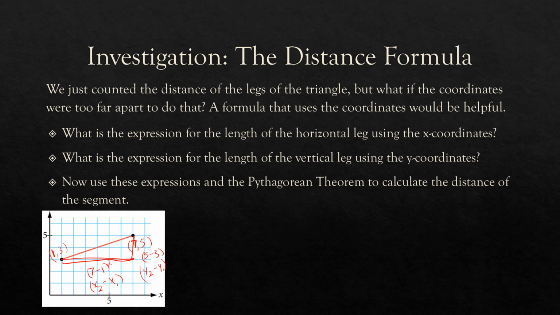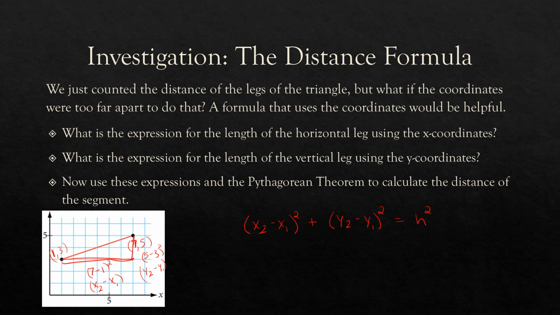Well, I took my length of the leg here and squared it, and the length of the leg here and squared it. So I did x2 minus x1, that's the length of my bottom leg, squared, and I added together y2 minus y1 squared, that would be the length of my vertical leg, and then I said that's my hypotenuse squared.